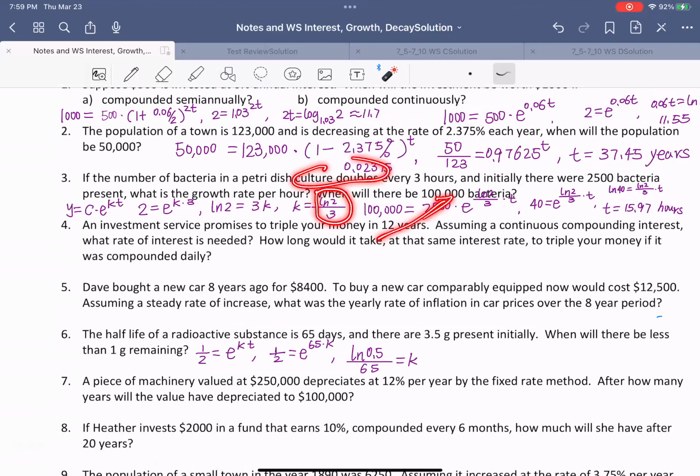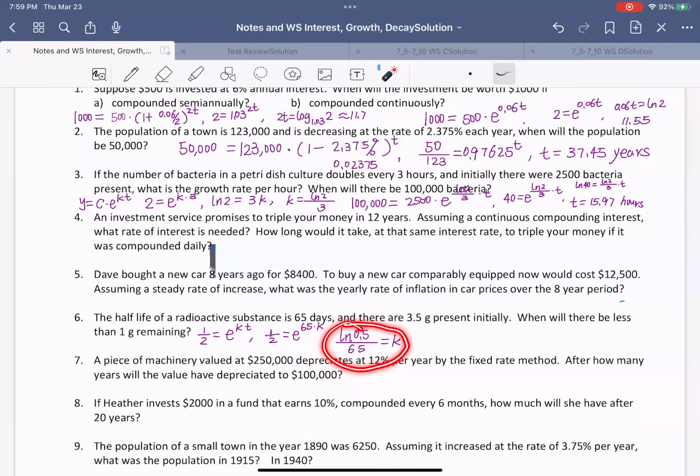That's why here the culture doubling is growth. This one is decay because this coefficient k is negative. E to the power of a negative number is going down. It's less than 1, so it is decay. E to the power of a positive number is bigger than 1, so it is growth. So you have the decay rate k here.